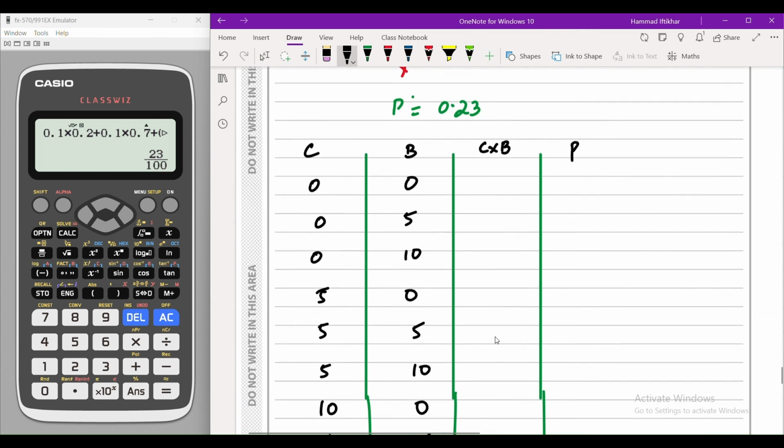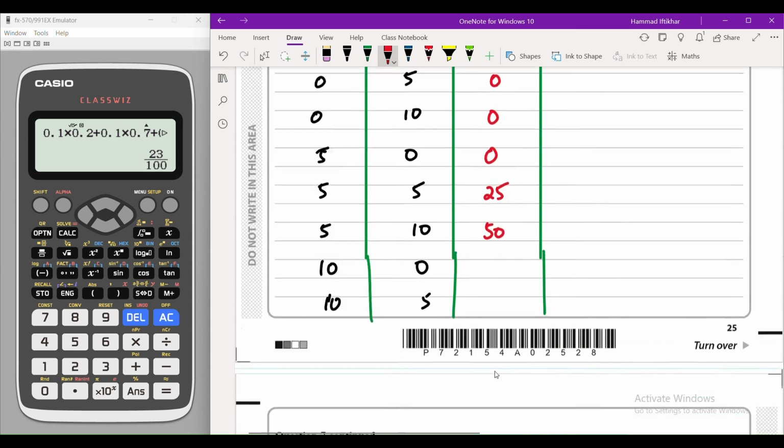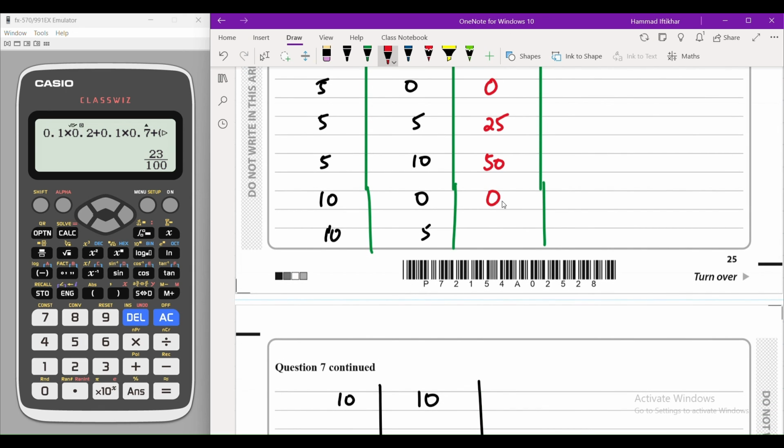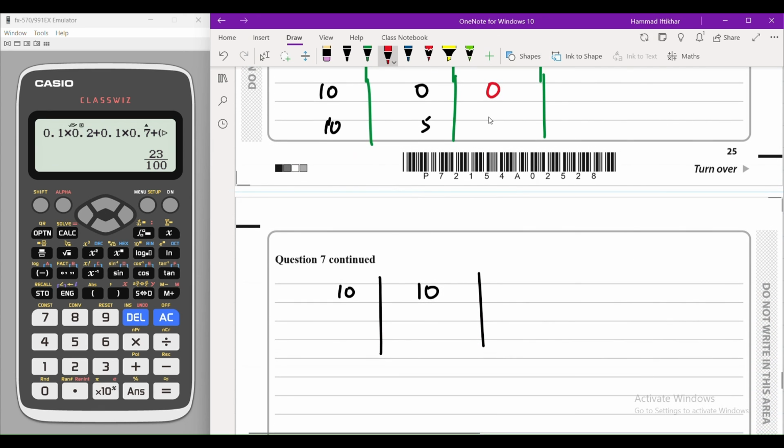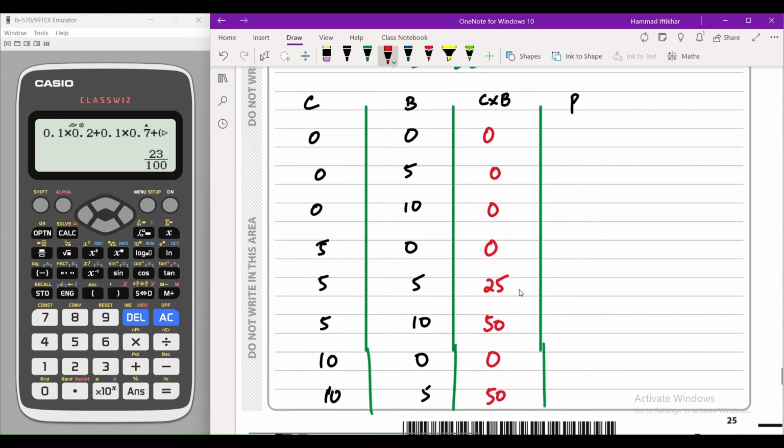Okay, so the products are 0, 0, 0, 0, 25, 50, 0, 50, and 100. Now on to their probabilities.